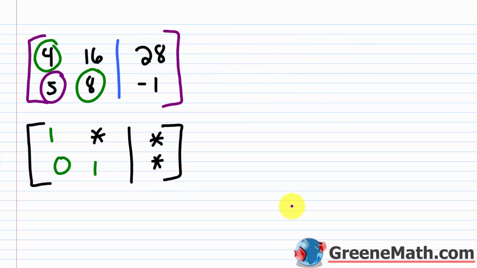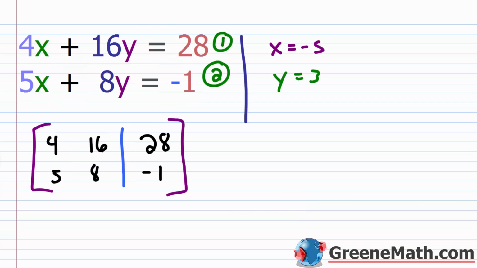The second thing we can do is multiply or divide the elements of any row by a non-zero real number. That should make sense because if we go back up, we remember that we multiplied equation 2 by -2 when we were solving this, right? We can always multiply both sides of an equation by the same non-zero number and preserve the solution.